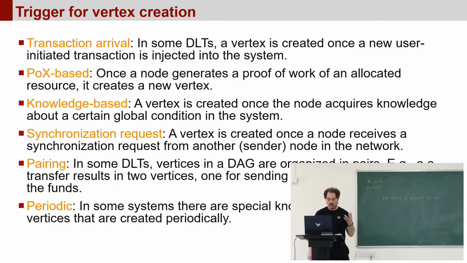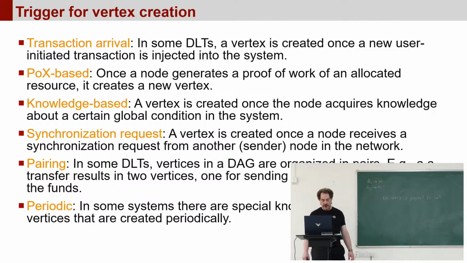Next possibility is knowledge based. A vertex is created once the node acquires knowledge about a certain global condition in the system. Synchronization request: a vertex is created when a node receives a synchronization request from another node in the network. Periodic: in some systems, there are special knowledge consolidation vertices that are created periodically.